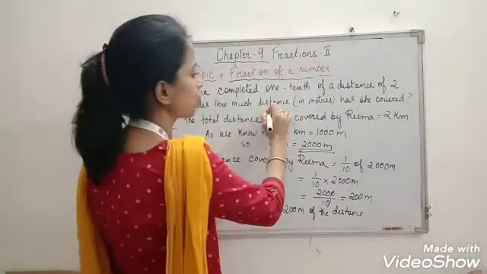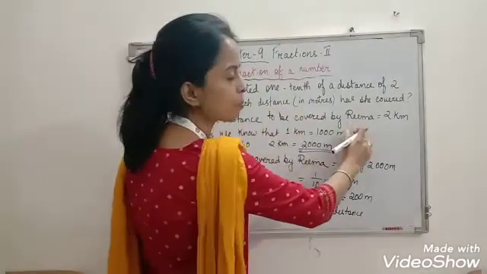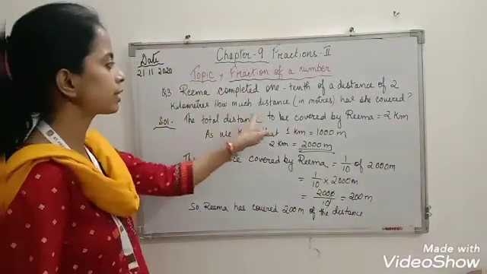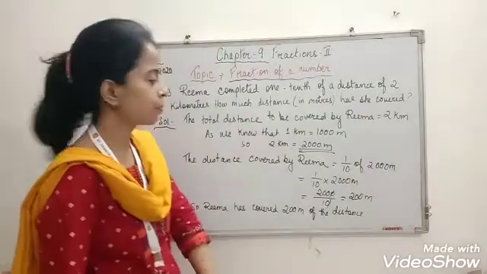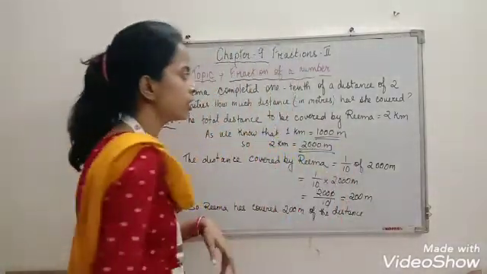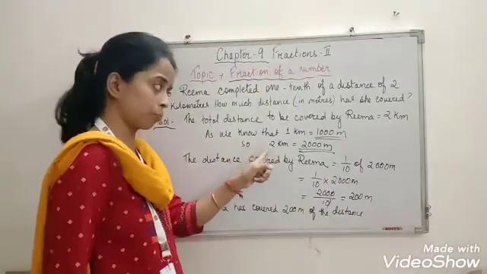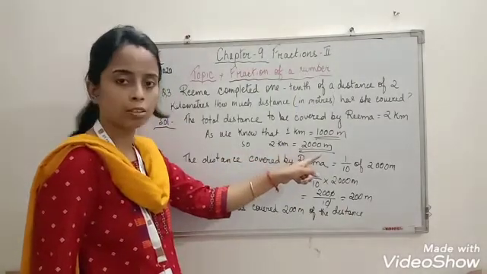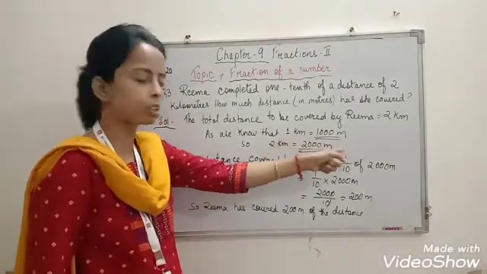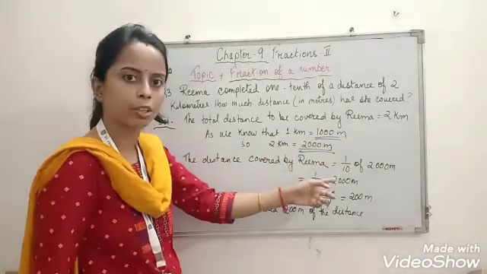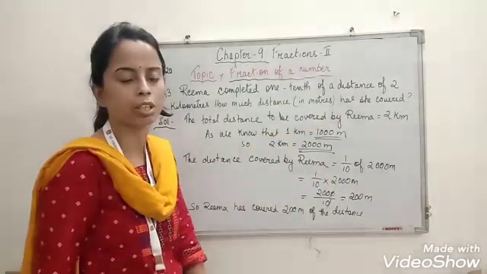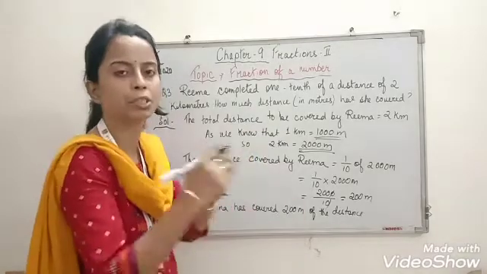The total distance to be covered by Rima, how much? Equal to 2 kilometers. Alright. How much distance in meters has she covered? As we know, 1 kilometer equals how much? 1000 meters. So 2 kilometers equals how much? 2000 meters. As the question is already asking how much distance in meters she has covered, we have to find it in meters.